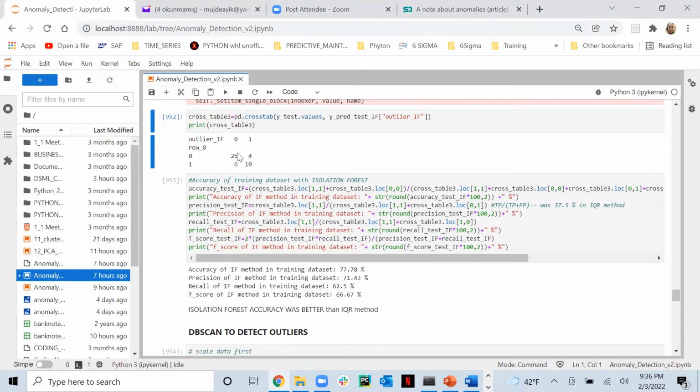Among those, my model said 25 don't have any outliers, so they all look genuine too. So my model made a good prediction here. But among those 29, my model said 4 of them are anomalies where they were not.